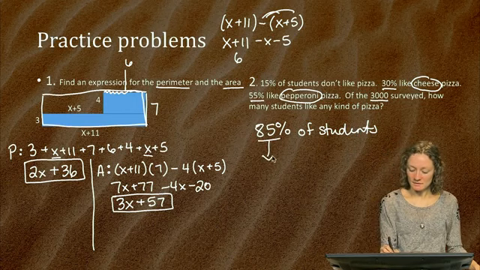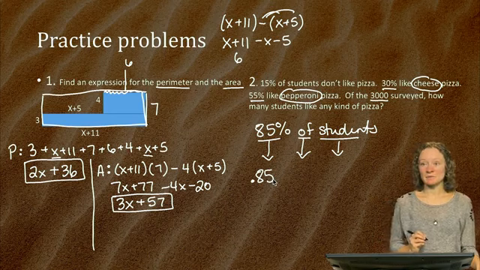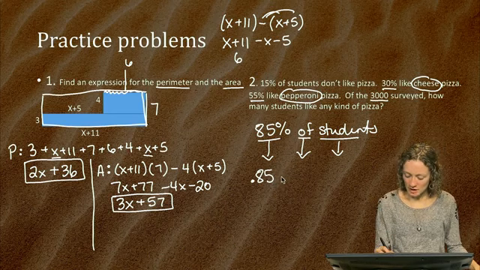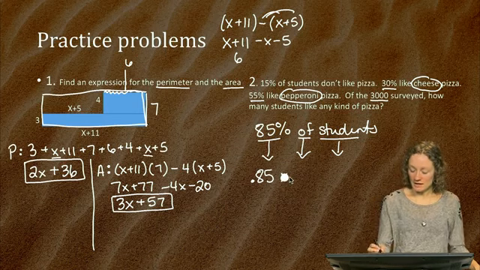Translate this. 85% becomes 0.85, of becomes multiplication. You can make it a dot if the x kind of throws you off. And then the amount of students surveyed was 3,000.